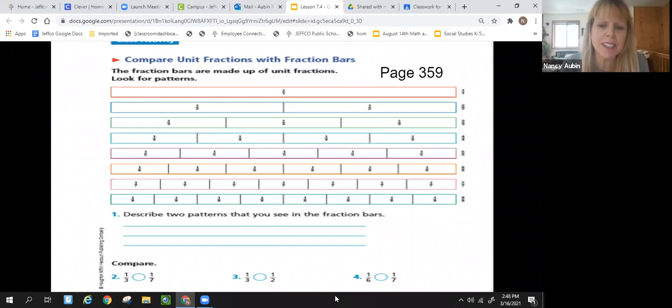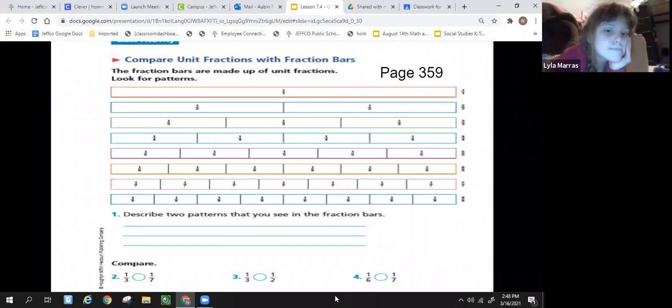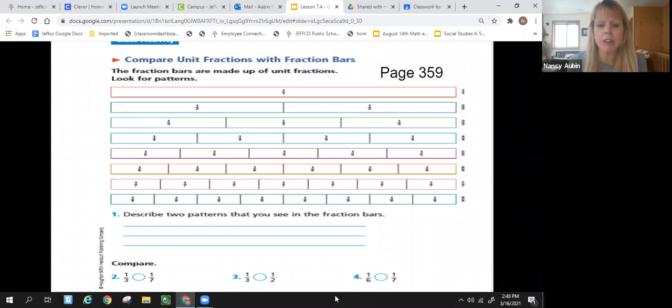Excellent. So the numerator is the same for all of them because they're unit fractions and they all have 1, right? The denominator does get larger as the pieces get smaller. Great observation. Elena, what did you notice?